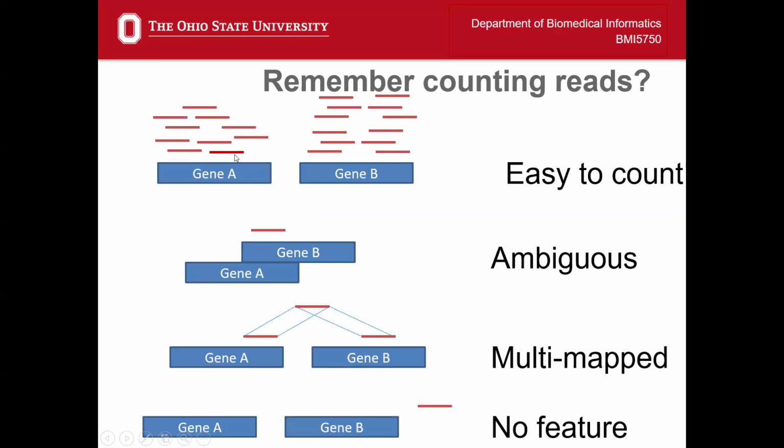Most of these fall into our easy to count category because it is very clear this red line read belongs to gene A. And when we talk about the depth of coverage of gene A, it has to do with, at any point in this gene, how many reads are stacking up in gene A. There are other ways that the reads can map to the gene. It's because genes are complicated and we can't really count those in our count.